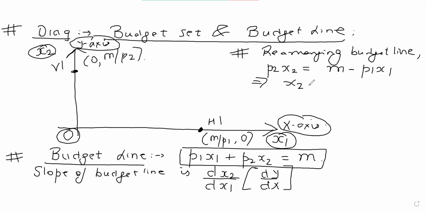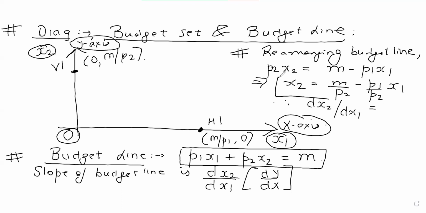So my x2 is m by P2 minus P1 by P2 x1. Therefore, with very basic differentiation, if I differentiate x2 with respect to x1, you get minus P1 by P2.